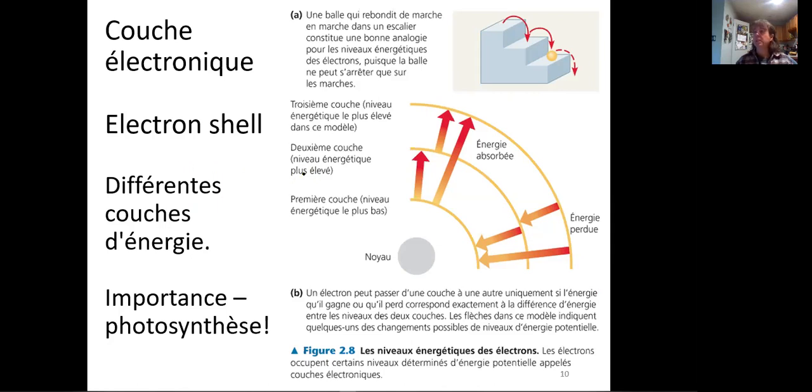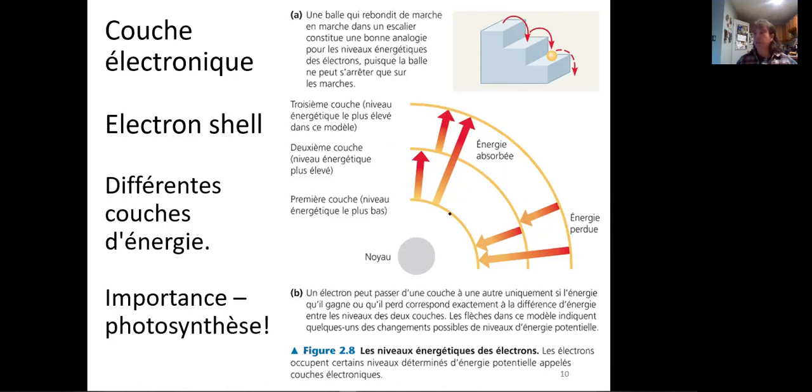Okay, here's the nucleus right here. Doesn't matter what type of atom it is. Here's the nucleus that has protons and neutrons. This atom has 3 electronic shells or spheres.